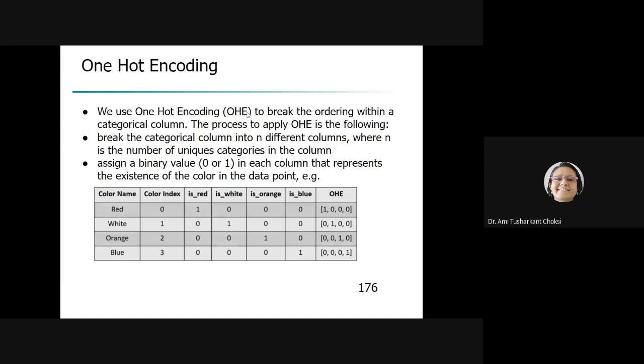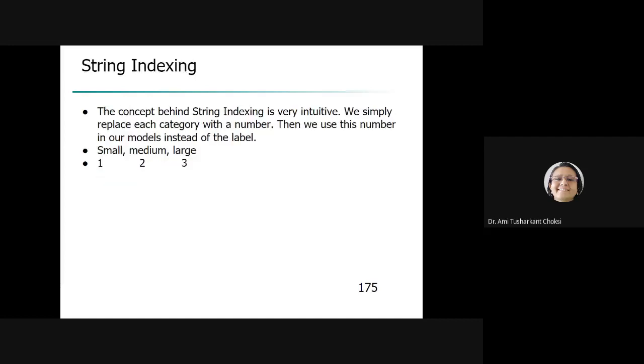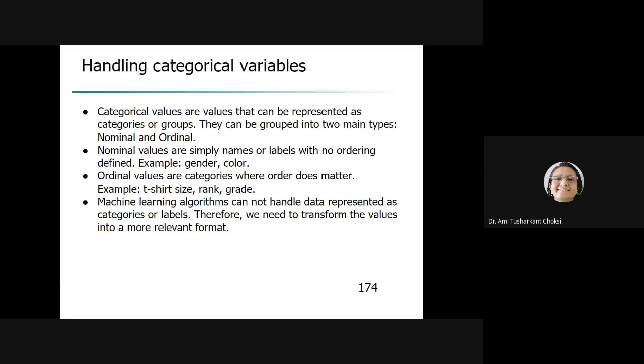What are we actually doing? We are handling the categorical variable, right? We transform the categorical variables. How are we transforming that and why are we doing that?